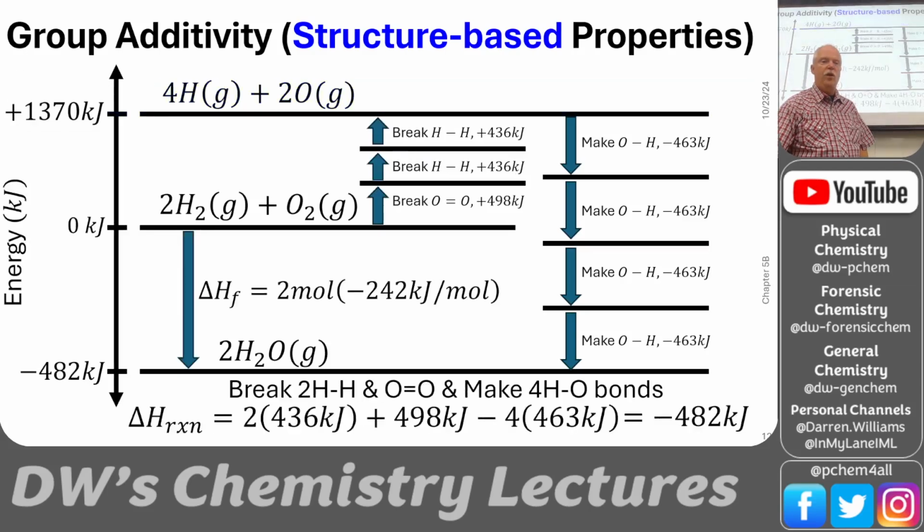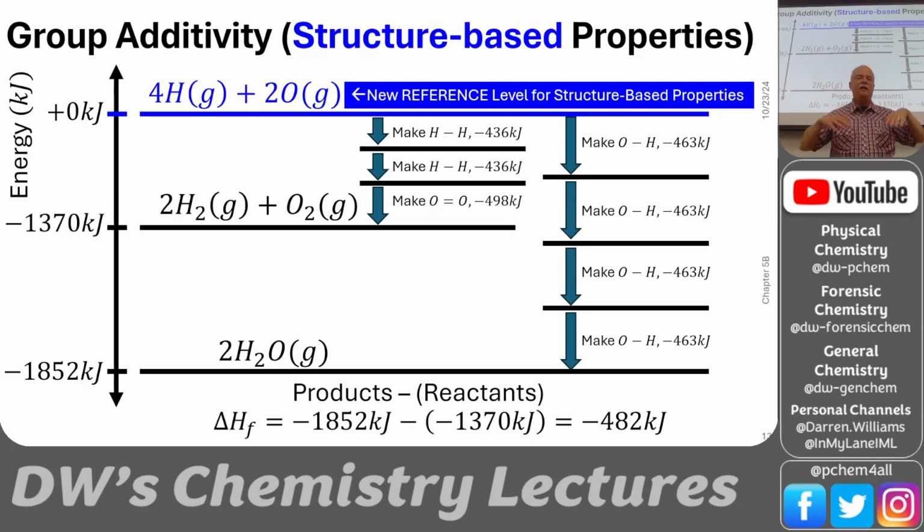Okay, what if we looked at this and we said, wait a second, look up there at the top, all single atoms. If we made that our 0, so if that's sea level, then all compounds are downhill, even acetylene. Because I have 2 carbon atoms, 2 hydrogen atoms, I can bring them together. The carbons make a triple bond, the hydrogens make CH bonds, and that's going to drop down. And so this would mean that we could calculate the heat of reaction for making the hydrogen gas and the oxygen gas.